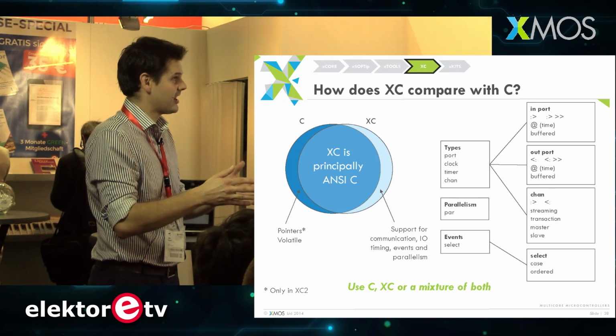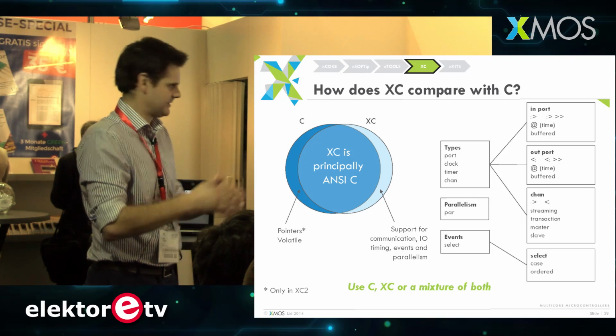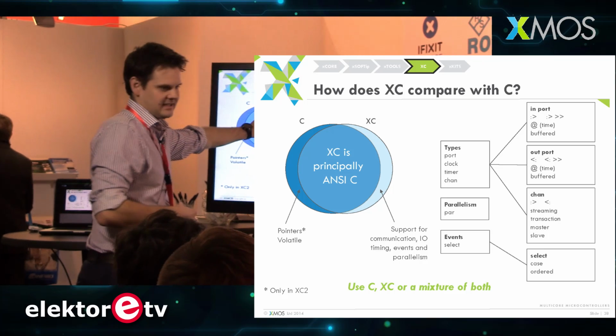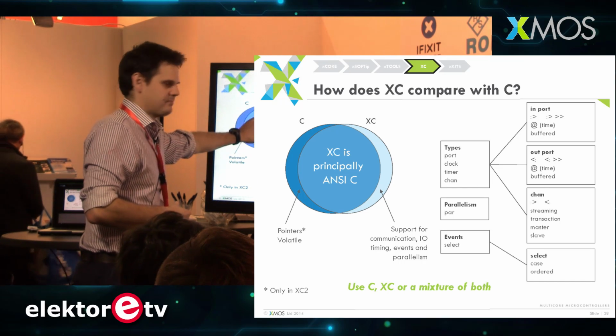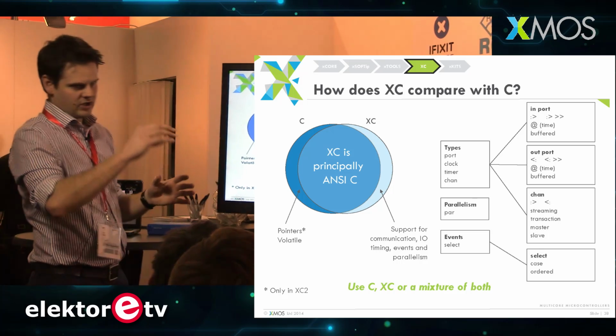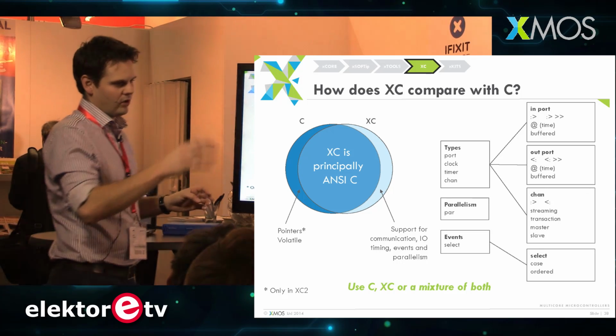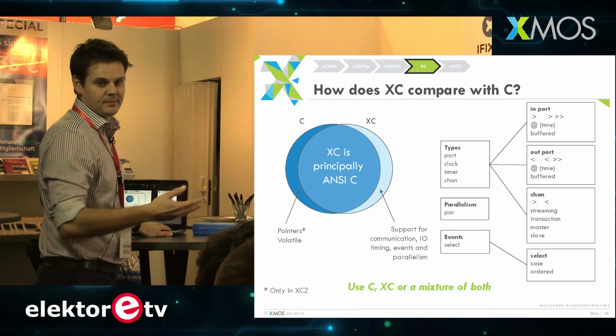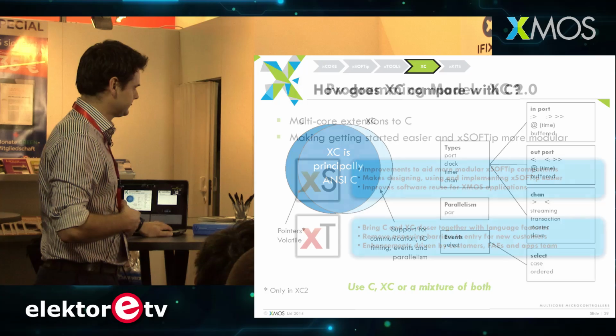Parallelization, for instance. But here we're just showing that the XC language is principally ANSI C. There's a huge overlap, and there's just a couple of constructs that we've defined to allow us to make best use of the architecture.